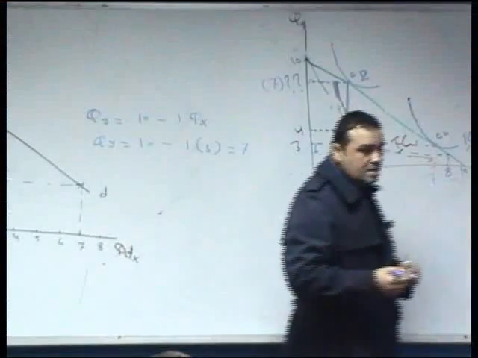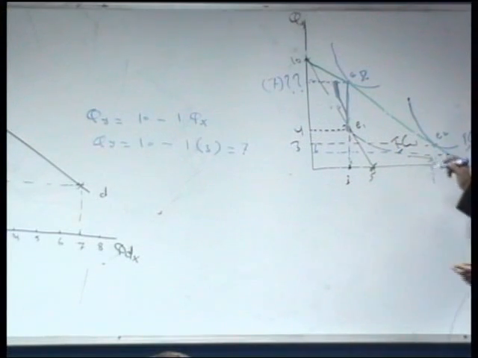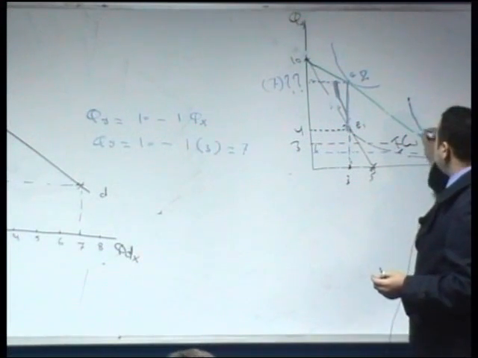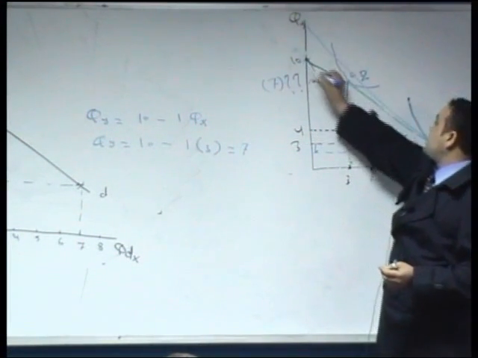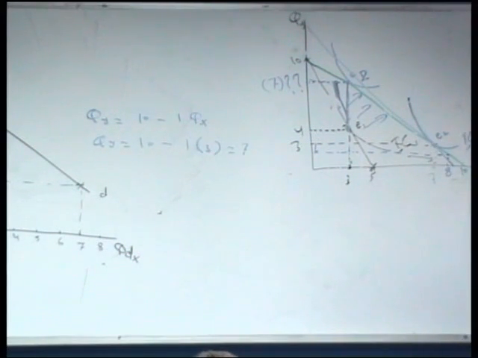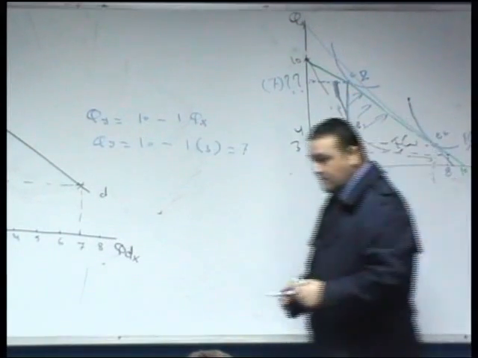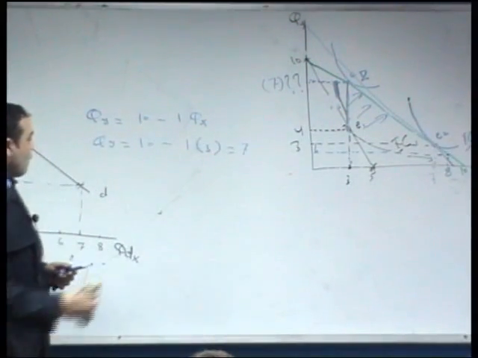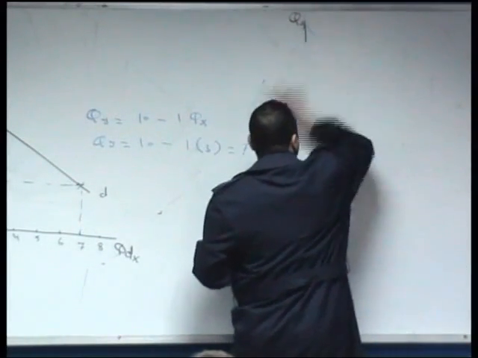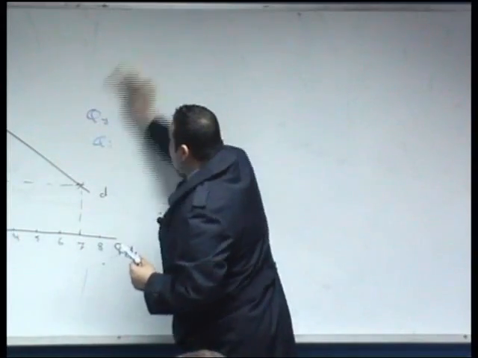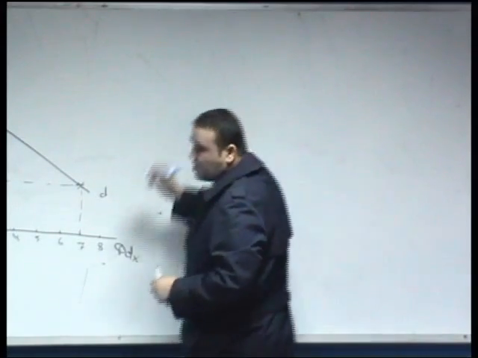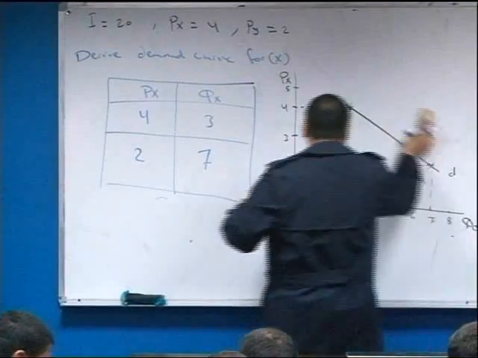In this case, there is a rightward shifting of the budget line because the consumer ability to buy has increased. Right? So in this case, there is a rightward shifting for the budget line. Okay. So suppose that the consumer income increased from 20 to 26.